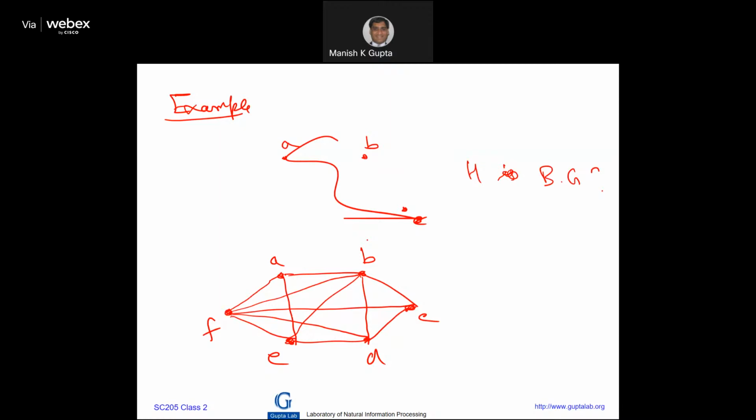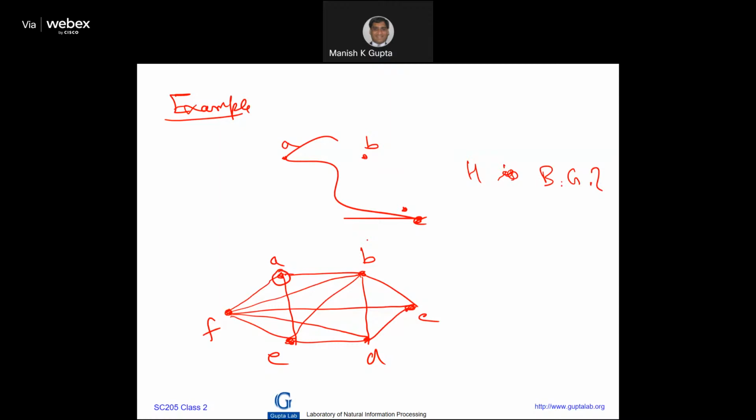Please check and tell me. You can start with A. Assign A a red color, then proceed. So this is the graph. Is it bipartite or not? Please let me know.